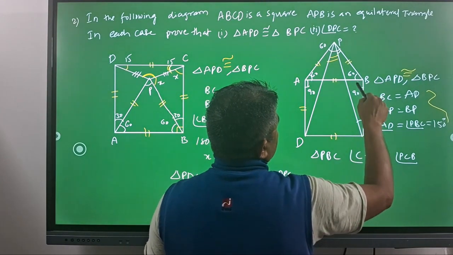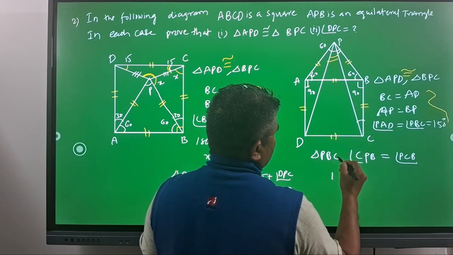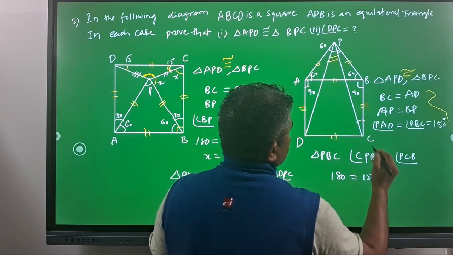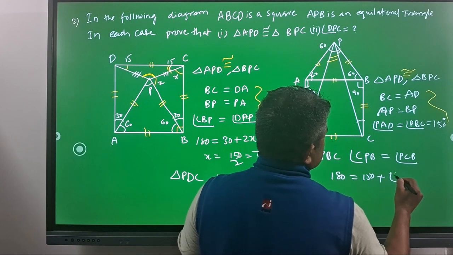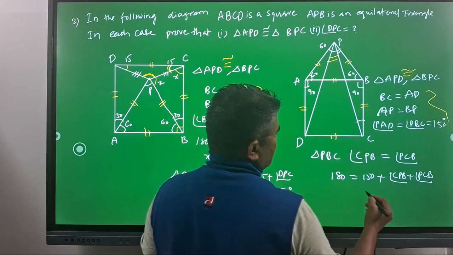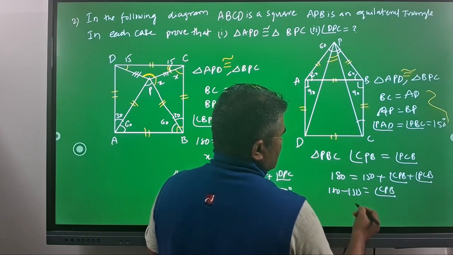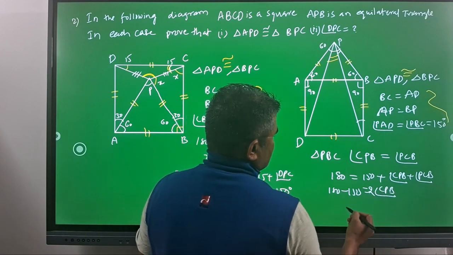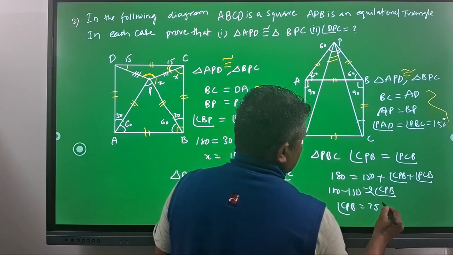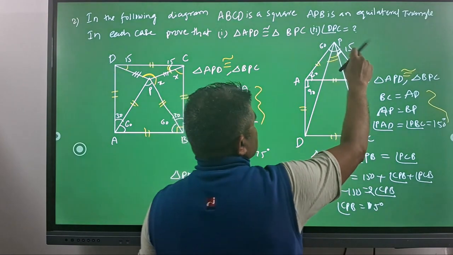Since we have 150 degrees at one corner, the total angle of triangle PBC is 180, which is 150 plus angle CPB plus angle PCB, both the same. So 180 minus 150 is equal to 2 times angle CPB. So angle CPB is 30 by 2, which is 15 degrees.